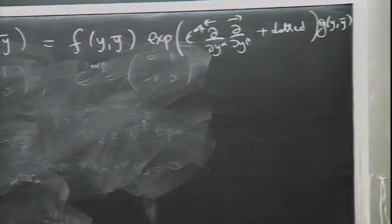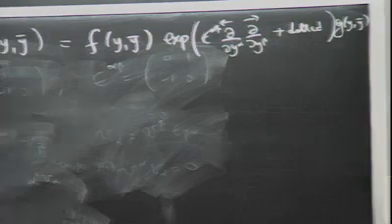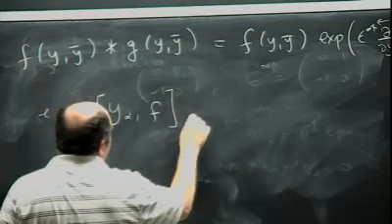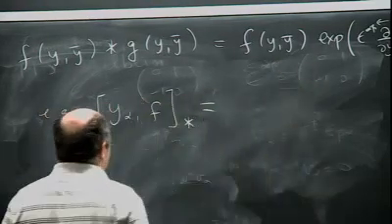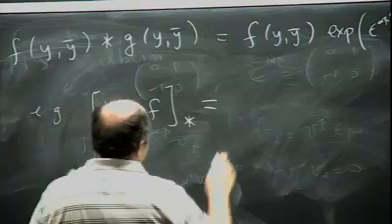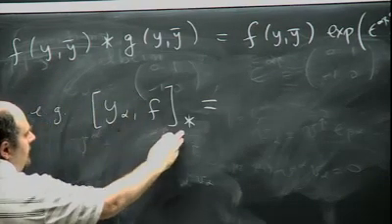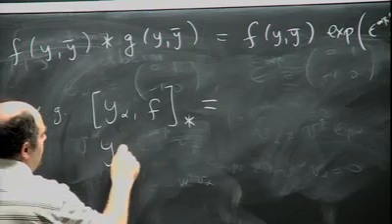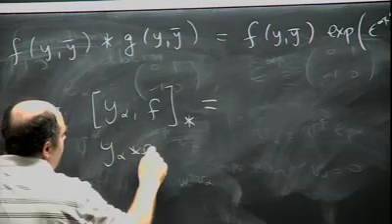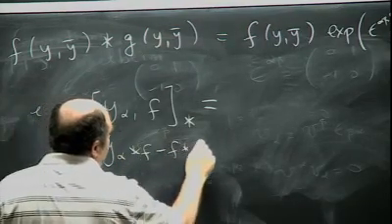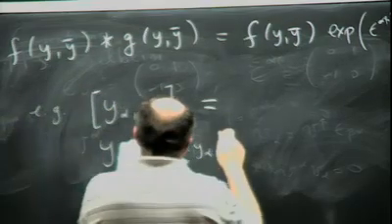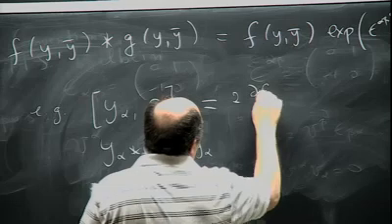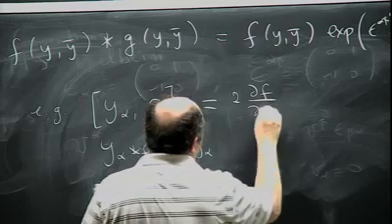Something that is useful, if you have some interest in practicing with these star products, is to check identities like this. For example, if you take the star commutator, by which I mean y alpha star f minus f star y alpha, you just get 2 df dy alpha.